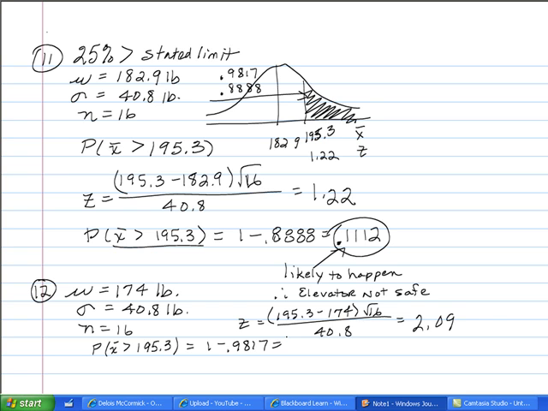So we definitely need to be concerned about elevator safety in a case like that. You might not want to get on an overcrowded elevator that's been created and adjusted based on a lower average mean for the population. So something to keep in mind.